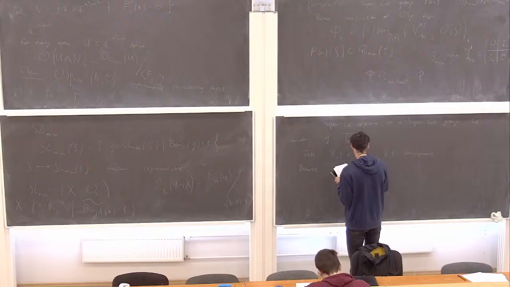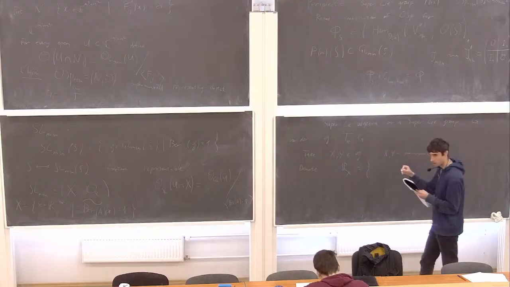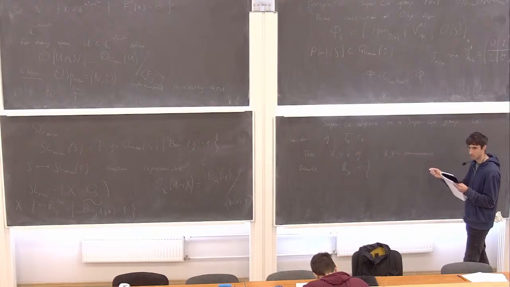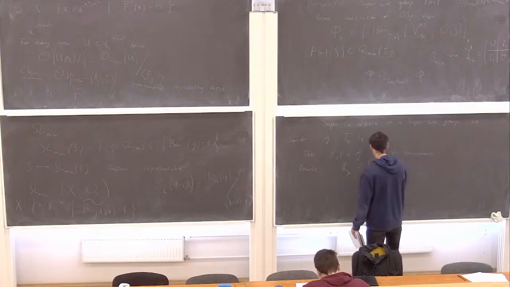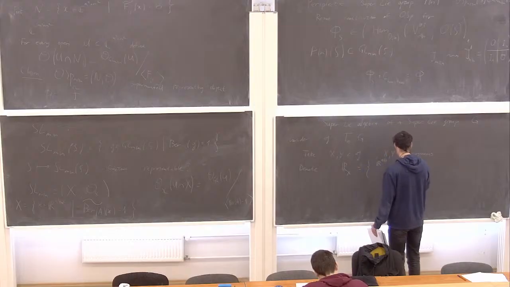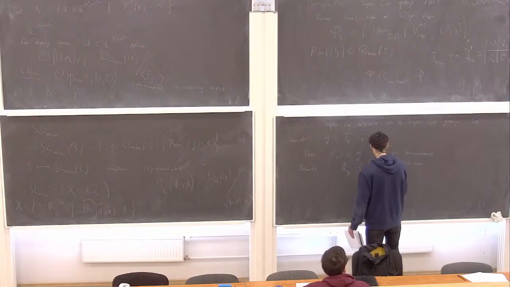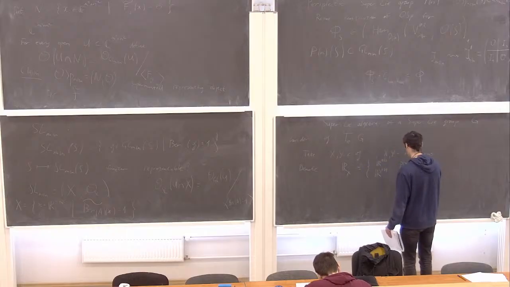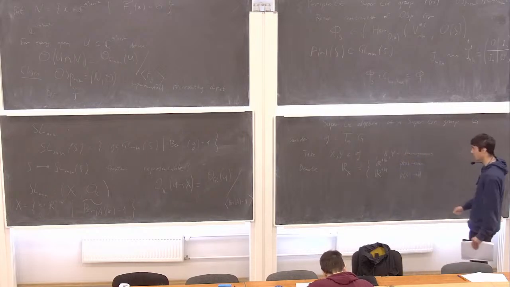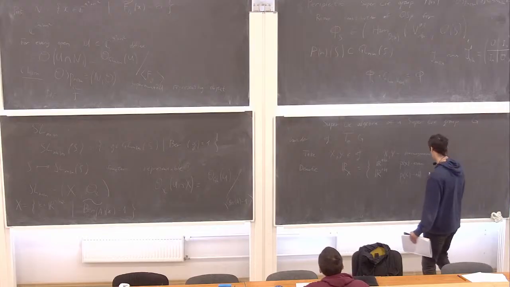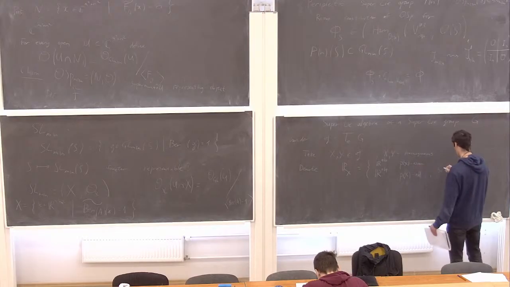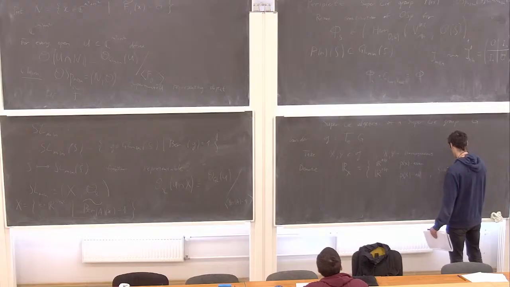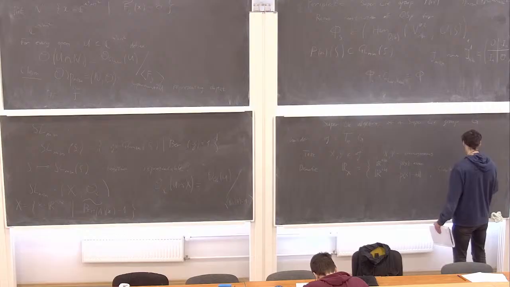It will be either R^{1|0} or R^{0|1}, depending on the parity of x. So it will be R^{1|0} if x is even, and otherwise R^{0|1}, if p of x is odd. And similarly for R_y.